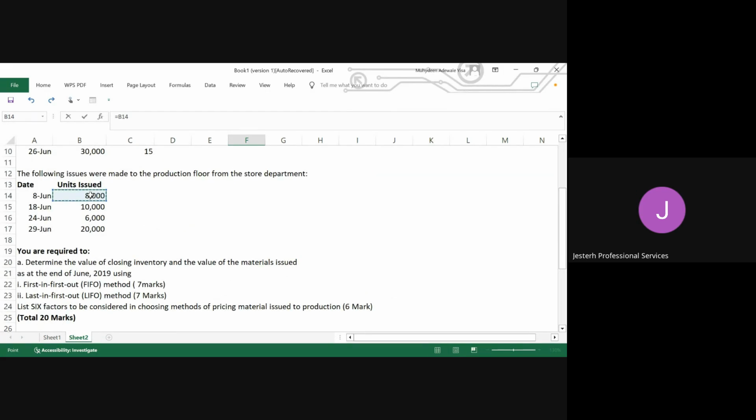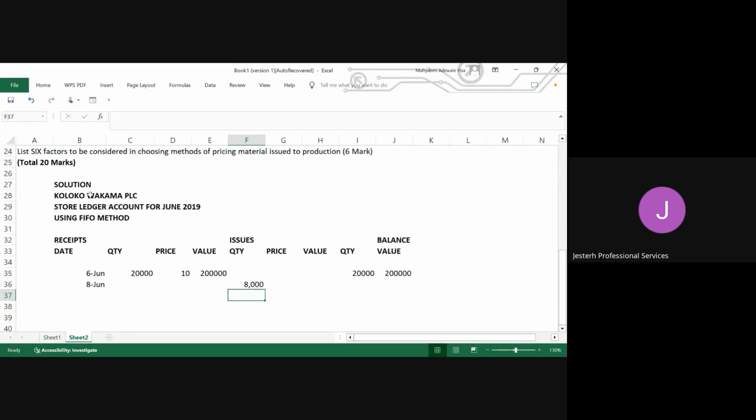They issue 8,000. Now, this 8,000 that they issue, first in, first out, it means when we are issuing this out, we are going to issue it at the price at which they first purchased this product.